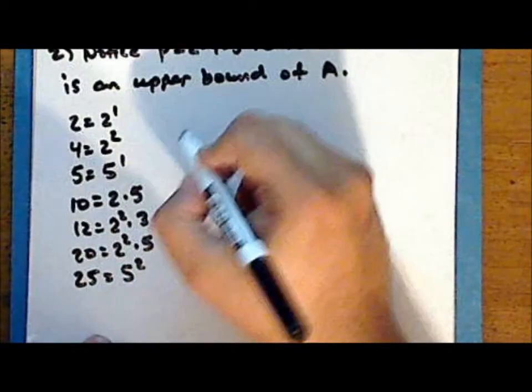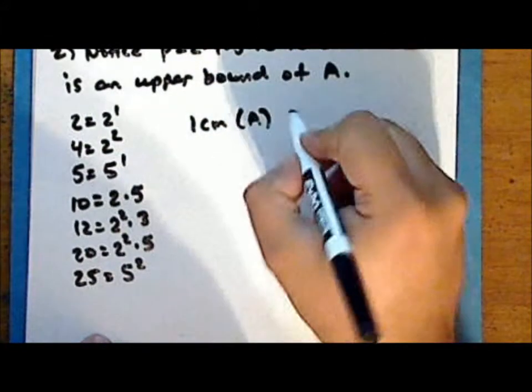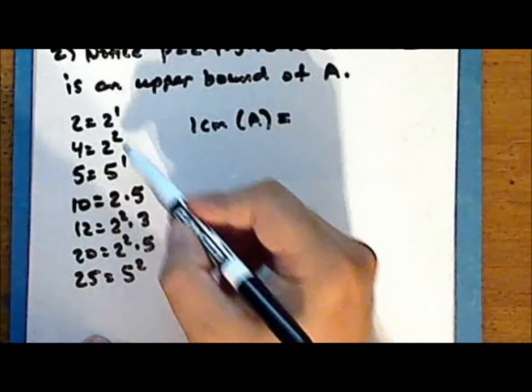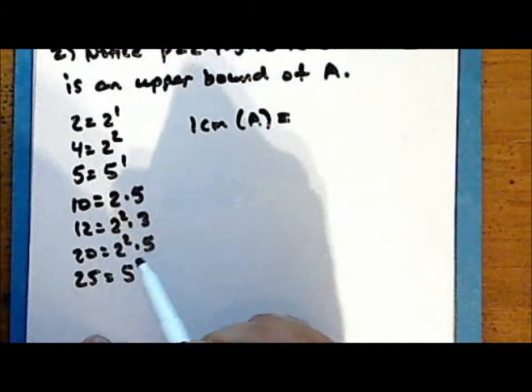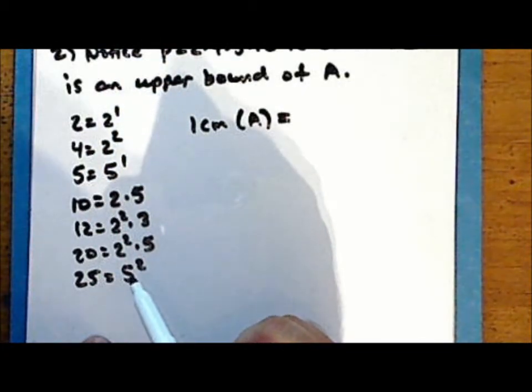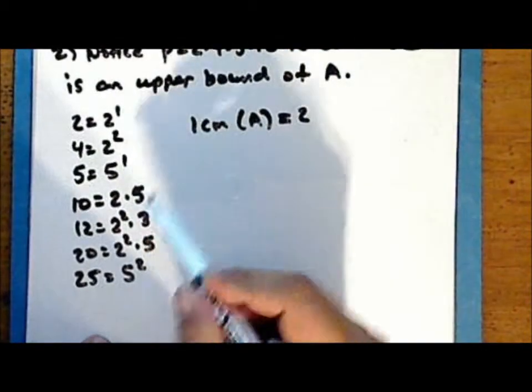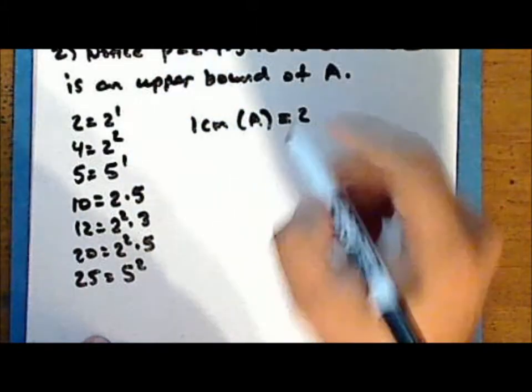So the least common multiple of all these elements in the set A will contain as factors all of the primes that occur in the given elements of the set A, to the highest power that each occurs in any one of them. The prime number 2 occurs, and the highest power is 2.